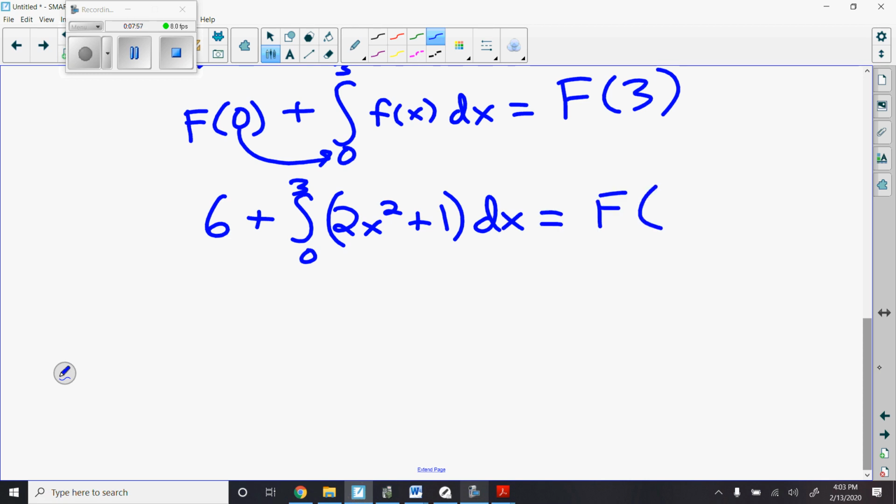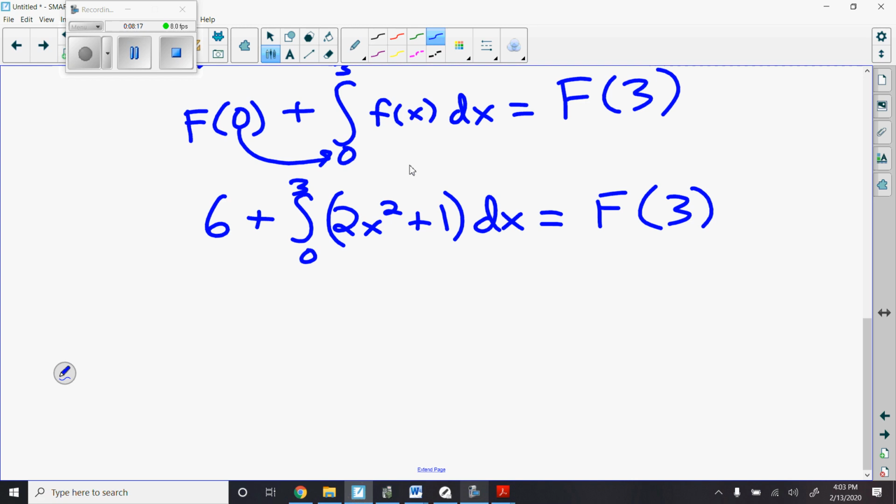And solving that will give me the solution that I need, which is capital F of 3. Now I know how to solve this, or hopefully we do. That's what we tested on today. I just need to solve this, add 6 to it, and then I'll get my F of 3.